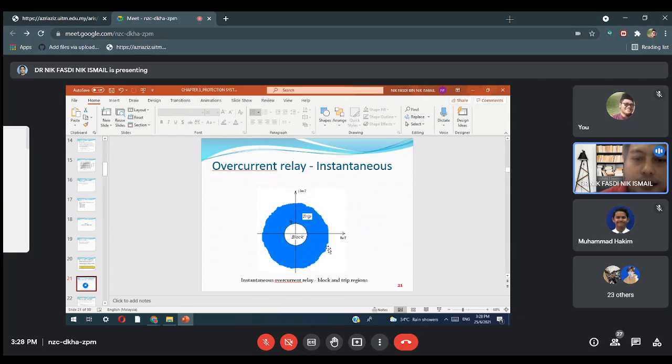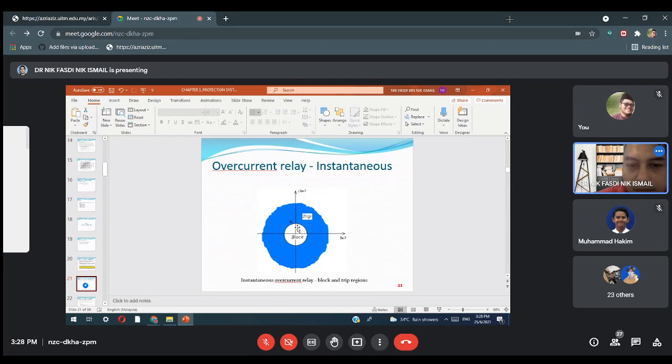So this is the diagram to show the operation region for overcurrent. If you look at this block, what does it mean? So this is the trip region. It means whenever the secondary I prime is greater than IP, the pickup current, it will trip here. Whenever I prime is less than IP, it will be in the block region.